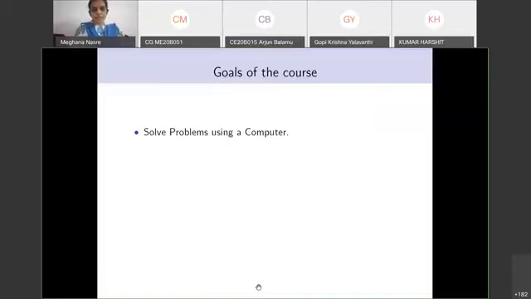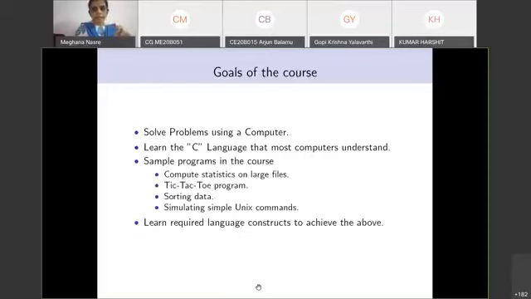Okay, so what are the goals of this course? We want the computer to solve problems for us. The language of communication to the computer is the C programming language. What kind of programs will you write towards the end of the course? Maybe you will compute statistics on large files. You will write a two-user tic-tac-toe program.